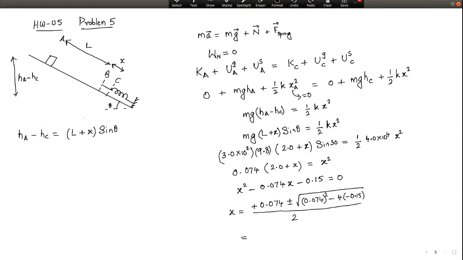So what we get here is 0.074 plus or minus the square root of 0.060, which is 0.78. So there are two solutions here.